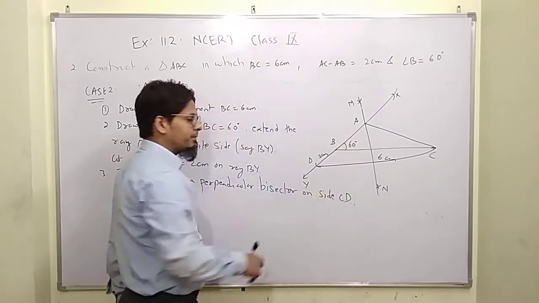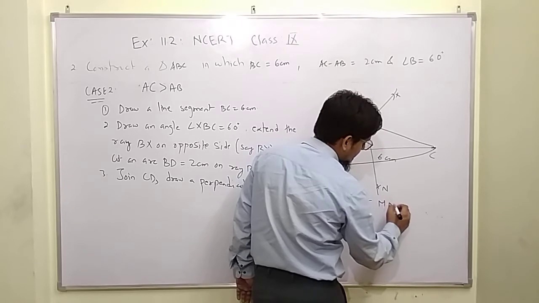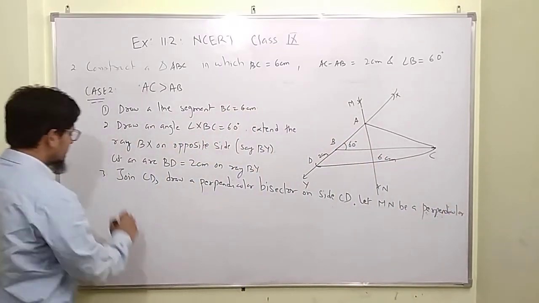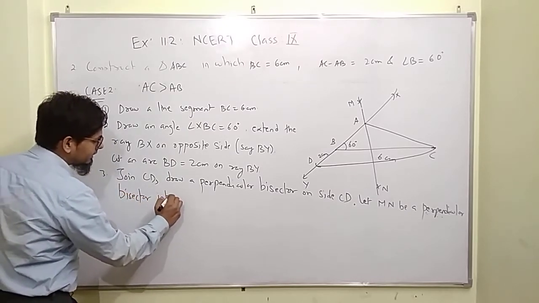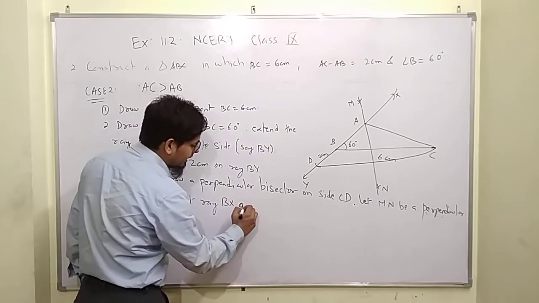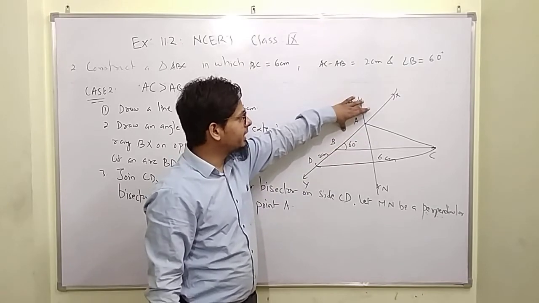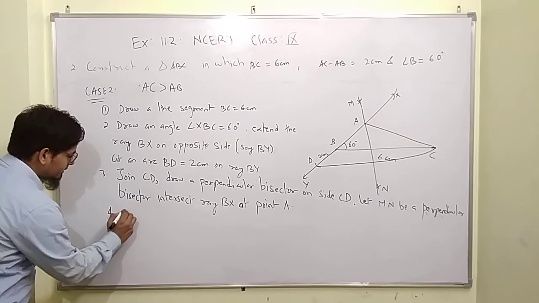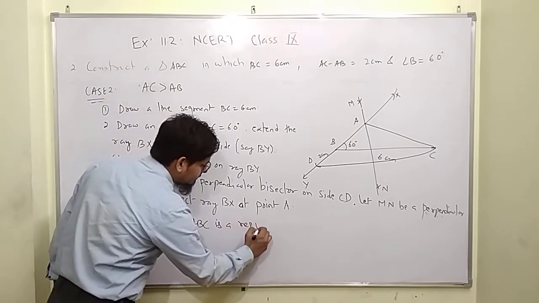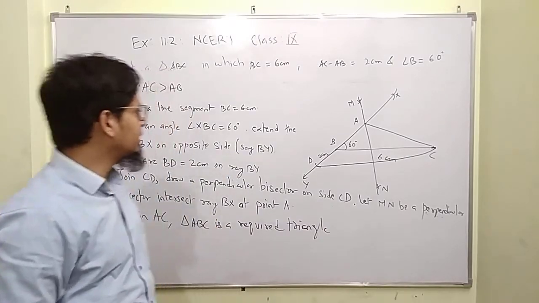Let MN be the perpendicular bisector. ठीक है क्लास, this perpendicular bisector you made is intersecting ray BX at point A. Finally, you write join AC, and triangle ABC is the required triangle. It is the step of construction for this one.